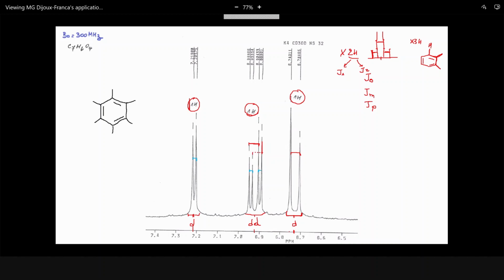So that means this proton in the middle is coupled both with the red one, for example, and with the blue coupling constant. But they are separated by a different number of chemical bonds.